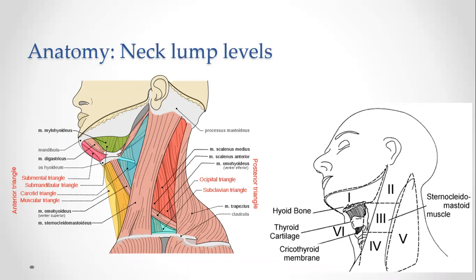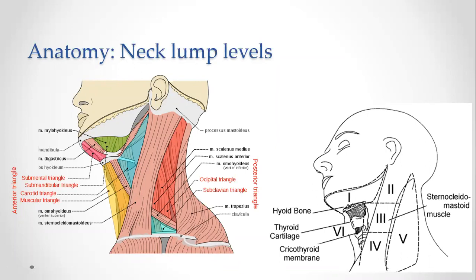It divides the anterior and posterior parts of the neck. Then there are another two key muscles in the neck: the anterior and posterior bellies of digastric. And another key muscle is the omohyoid.